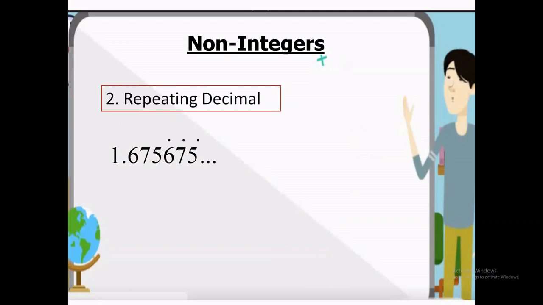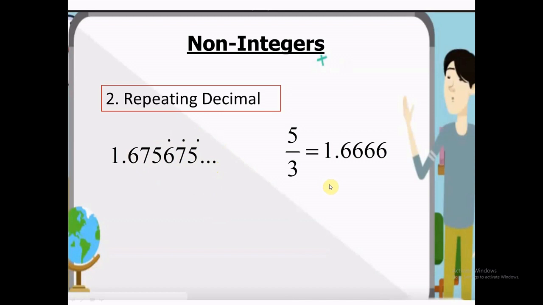Different books show different representations here. Some you can see dots, so that means that these three numbers here repeat infinitely. It will just repeat itself: 675, 675, 675, and so on.